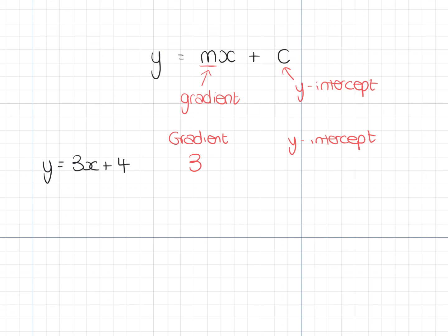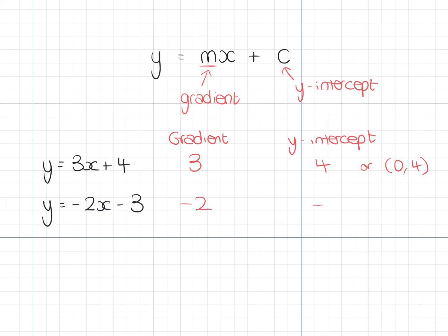So the y-intercept is 4 in this case. We could write that as 0, 4. The y-intercept is where it crosses the y-axis. That's the y-intercept.